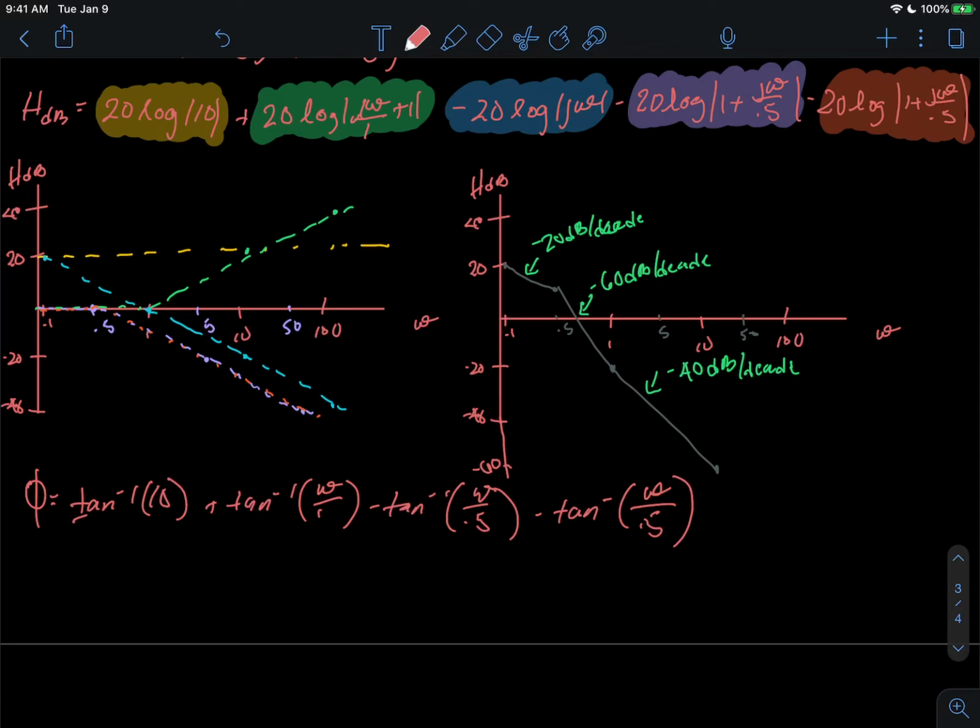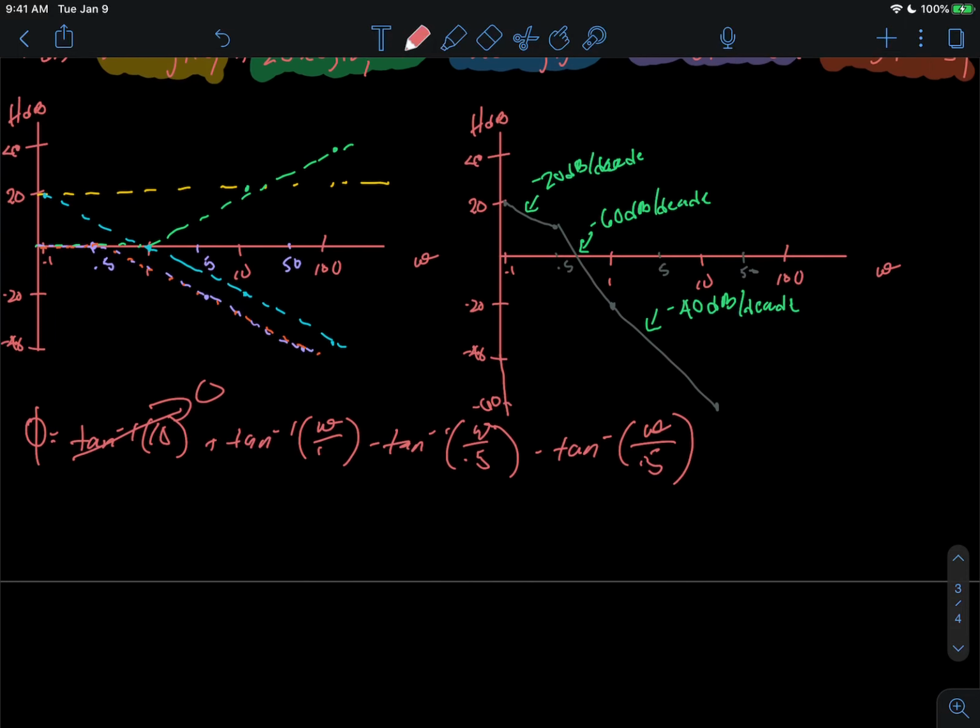So you just know that's going to be 0 because that's just a constant. So your actual equation is going to be inverse tangent of omega divided by 1 minus inverse tangent of omega divided by 0.5, and then minus the same thing.